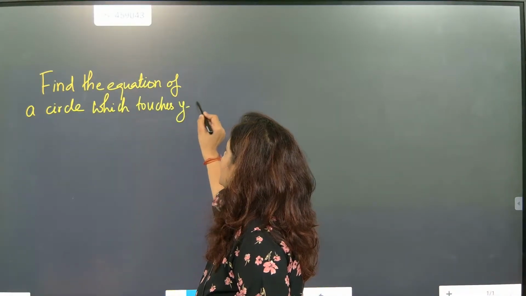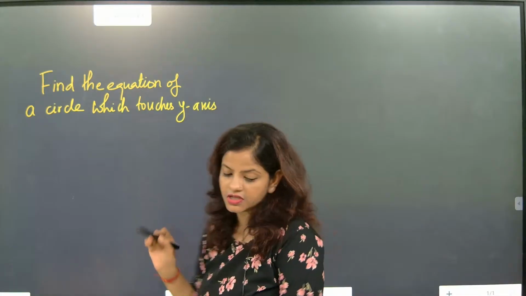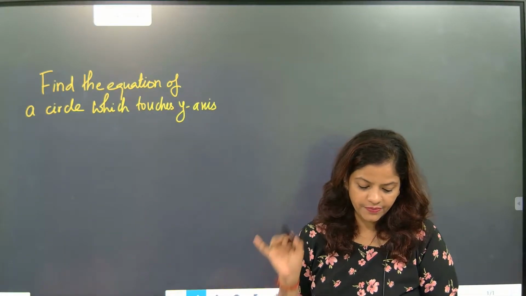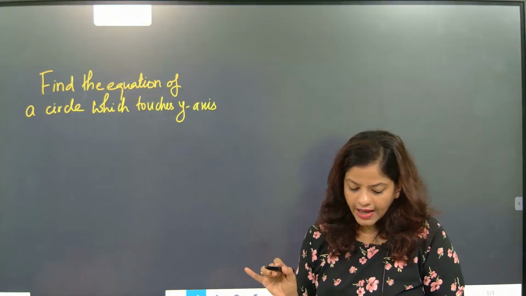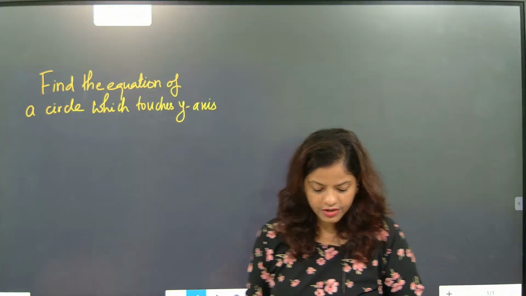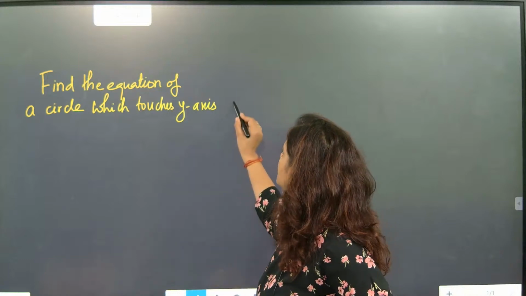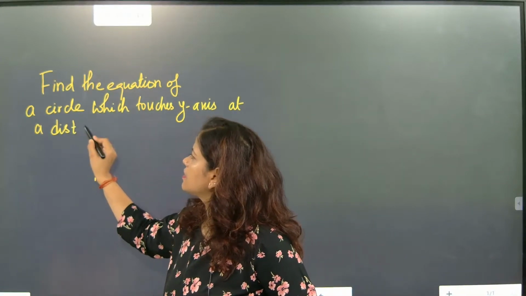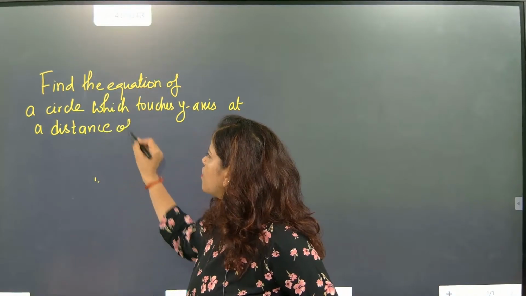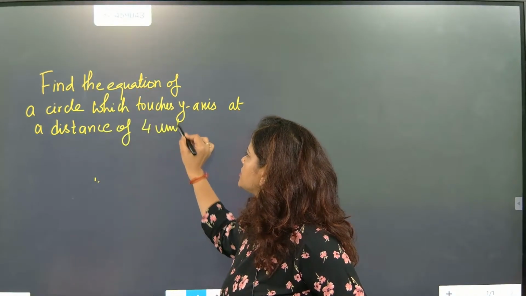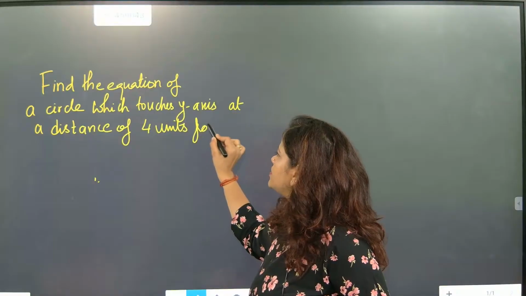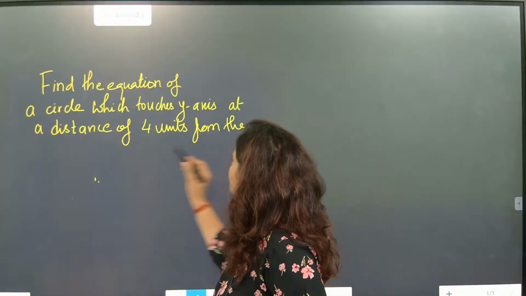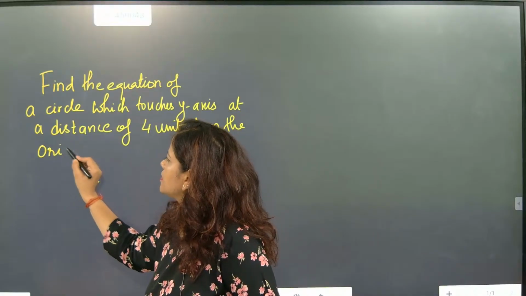This time, beta, the circle is touching which axis? Y-axis. Only y-axis it is touching, at a distance of 4 unit from the origin. I hope everybody is there in the group. At a distance of 4 unit from the origin.